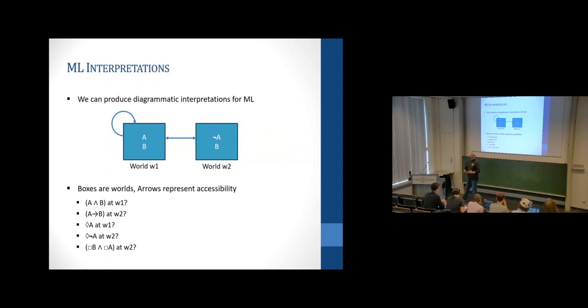So is diamond not A true in world 2? Cool. Is box not A true in world 2? What does the box require again? So that's what it says, but thinking about it in terms of truth or falsity, what does our semantics require?